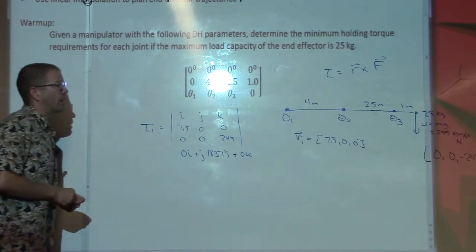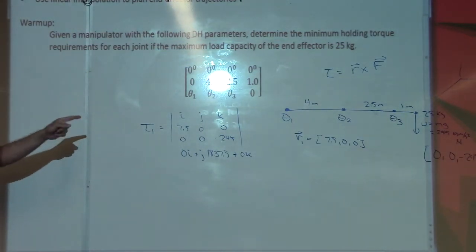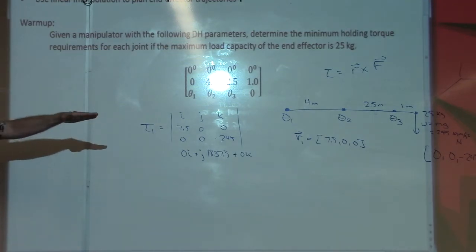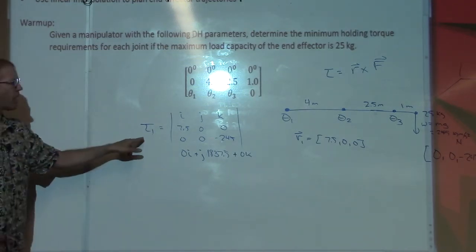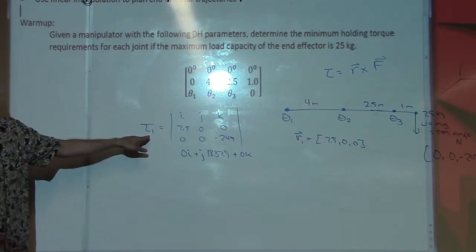And remember yesterday, I said specifically when we do this, it's really nice to align it along an axis, because what are we primarily interested in here? Not necessarily the torque vector, but the magnitude of the torque. That's what our motors are rated in, okay?